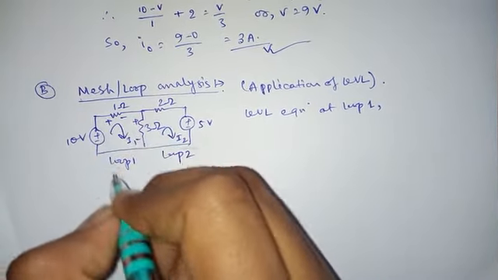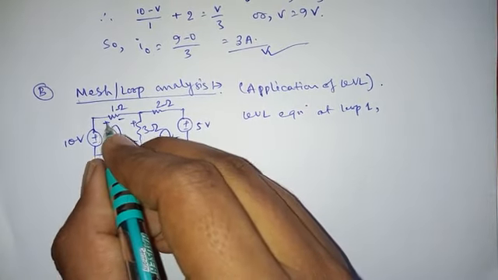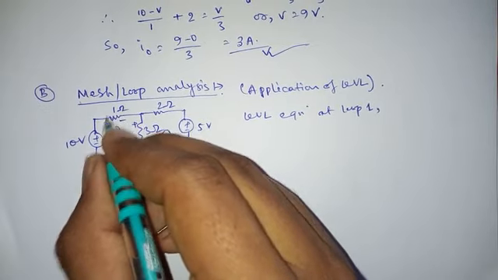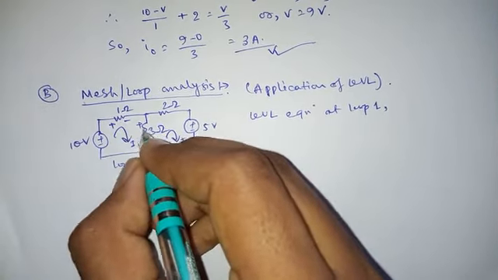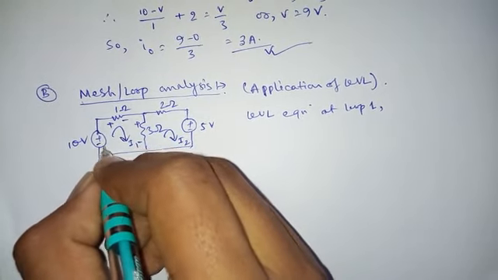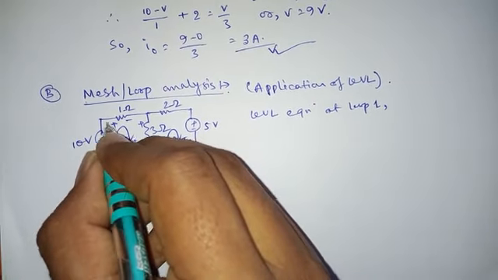As per my denotation, the current is entering through the positive sign and leaving through the negative sign for the 1 ohm resistance and also for the 3 ohm resistance, and the current is entering from the negative sign and leaving from the positive sign of the source.